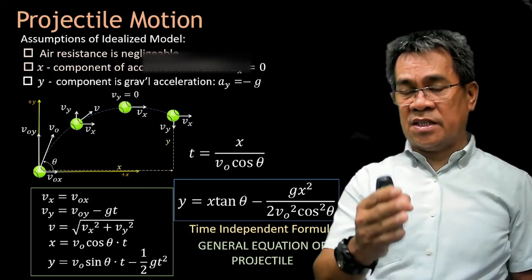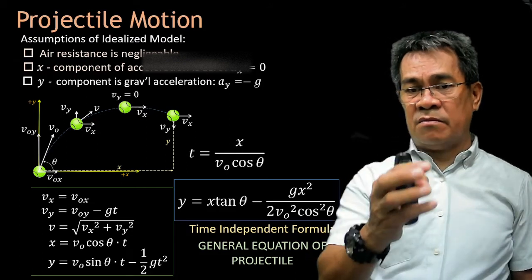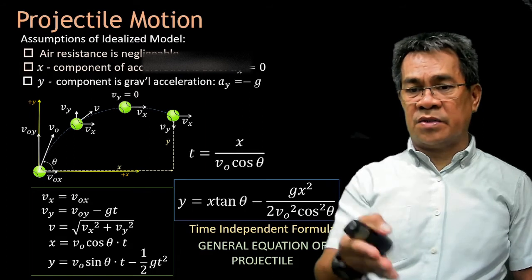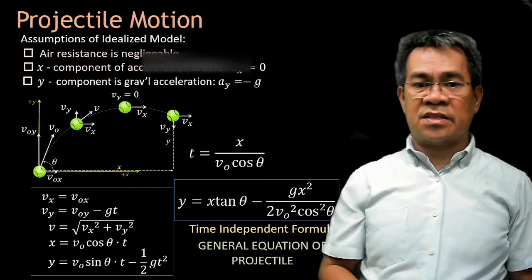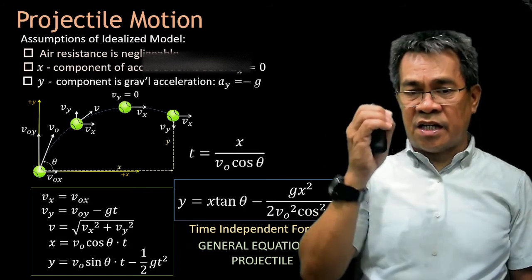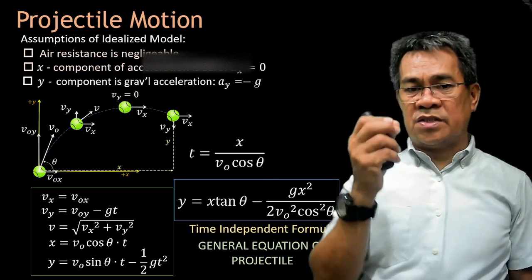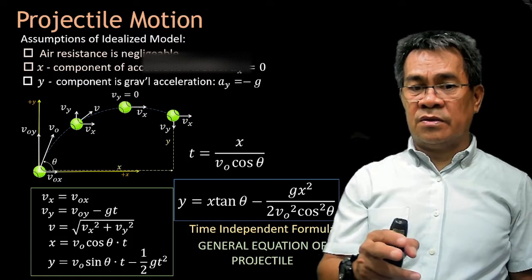So it is just a matter of substituting the time into the y position. It becomes tangent because sine over cosine is tangent. And substituting the time into the second term, t squared, results in g x squared over 2 V0 squared cosine squared theta.